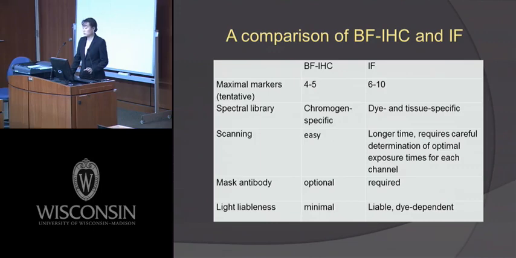Otherwise, some of the markers may be oversaturated while others are underexposed. With a mask antibody, for bright field it's optional because we can see the morphology with the naked eye. Yet with a fluorescent assay, without a mask antibody, you don't know where your target compartment is if there's no staining, so oftentimes you are just looking at a dark image.